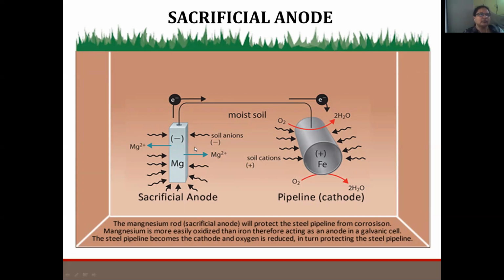They can replace this also. So the magnesium rod will protect the steel pipeline from corrosion. Magnesium is more easily oxidized than iron, therefore acting as an anode in a galvanic cell. The steel pipeline becomes the cathode and oxygen is reduced, in turn protecting the steel pipe.